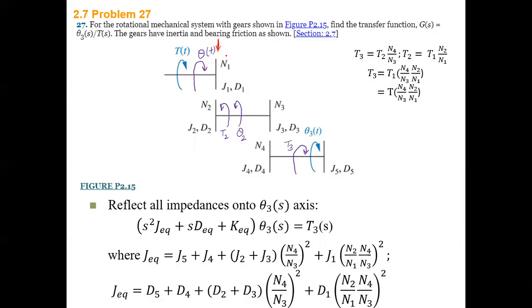So here you have N1 on the left hand side, right? This is N1. On the right hand side you have N2. Then on the left hand side you have J1 and D1, related to this gear, and J2 and D2 related to this gear here. Okay, so then on the left hand side you have T1, theta 1.